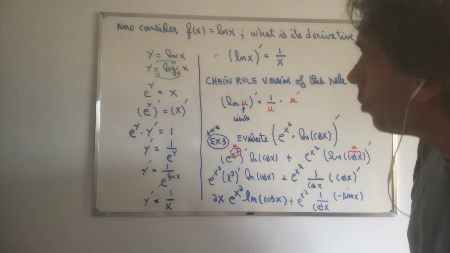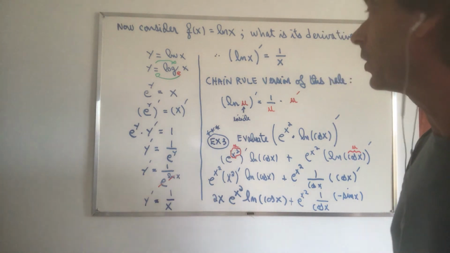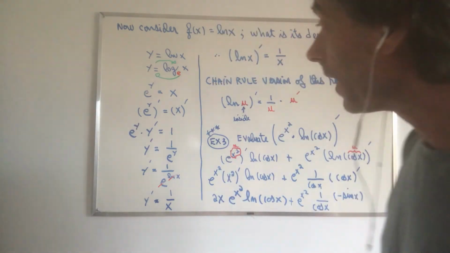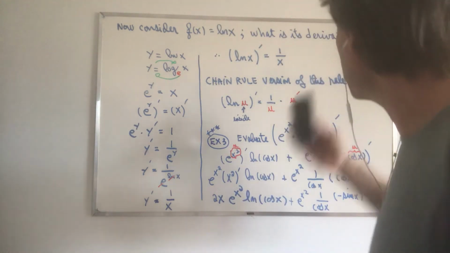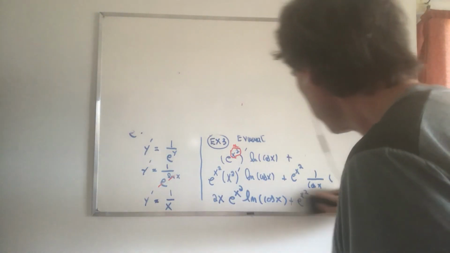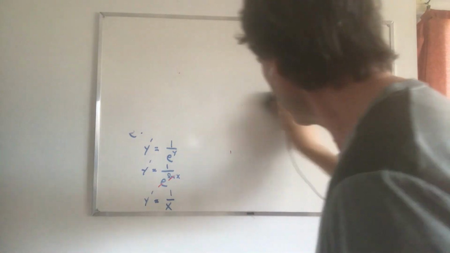Okay, wow. So we have 2 brand new rules that concern the function e to the x, or e to the u, and the function ln x, or ln u. Let's put this down here. So let's summarize what we have been able to do in this short time. We've done a lot.